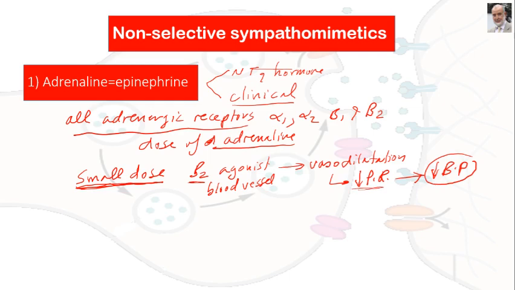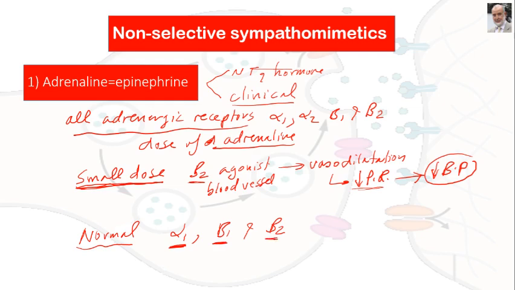Okay? Now, if I use the normal therapeutic dose of adrenaline, adrenaline in this case will act as alpha-1 agonist, beta-1 agonist, and beta-2 agonist as well. So it will act as an agonist at the 3 different types of receptor.